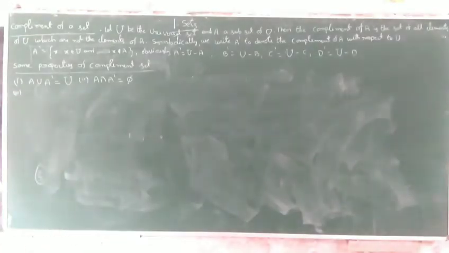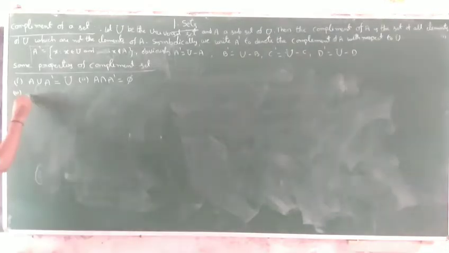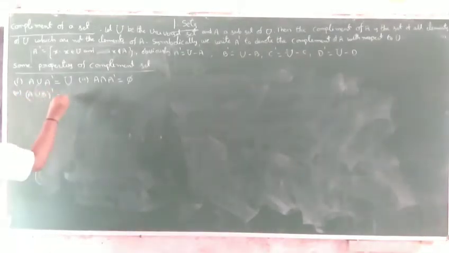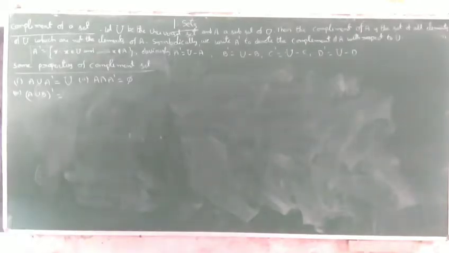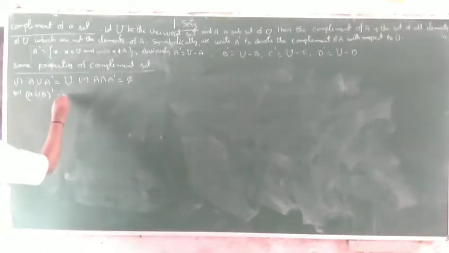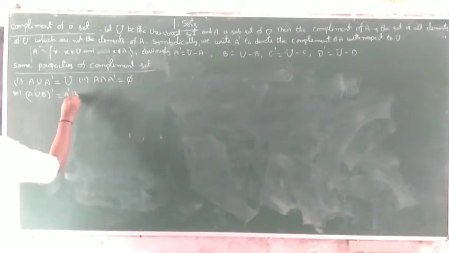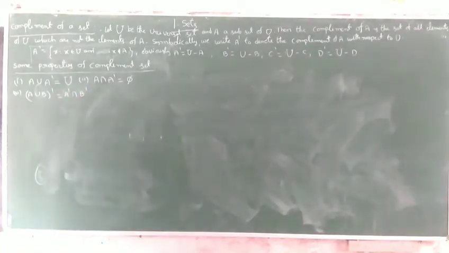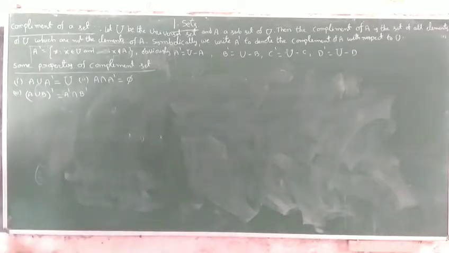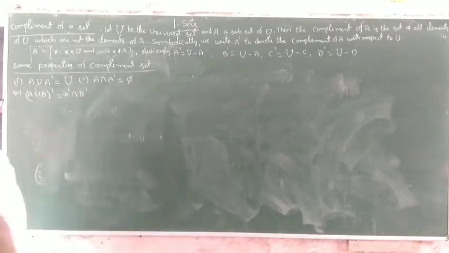Next, the third one is A union B whole complement is equal to A complement intersection B complement.